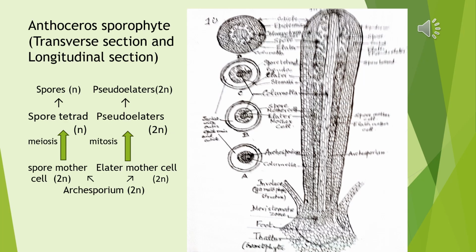Now these archesporial cells divide into two types of cell, spore mother cells, diploid, and elater mother cells. This is also diploid. Now the spore mother cell undergoes meiosis to form four haploid cells in the form of a spore tetrad.